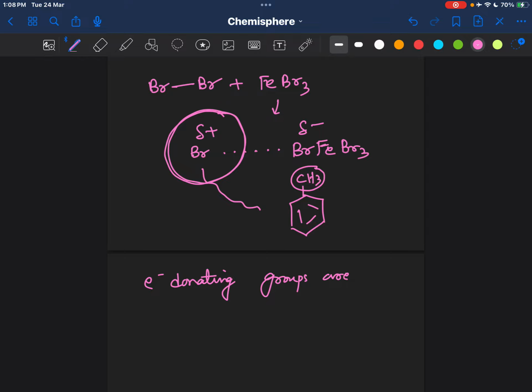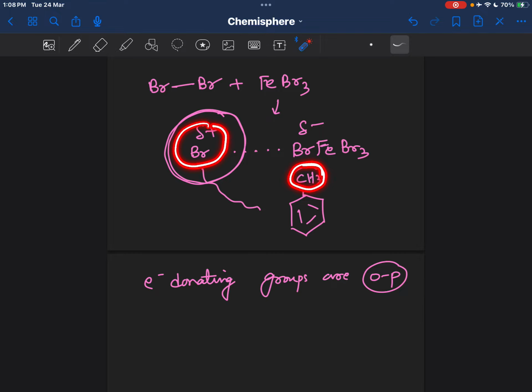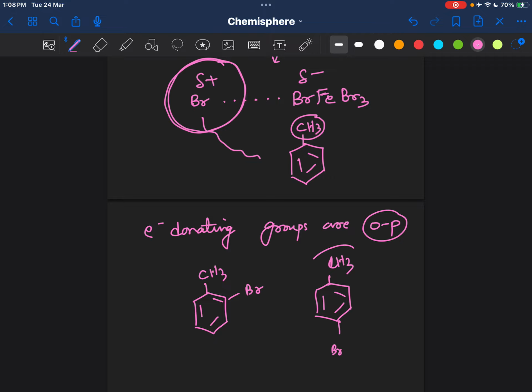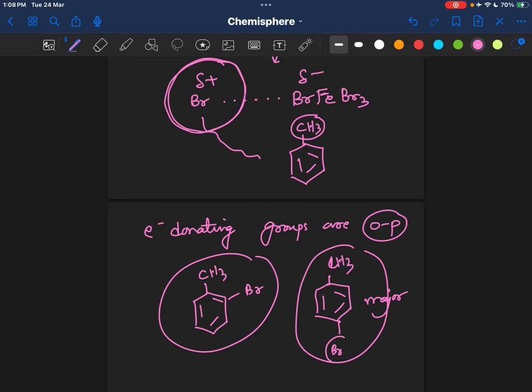That means this R group directs the Br plus into the ortho and para positions. So the products that we are going to get are CH3 Br in the ortho position and CH3 Br in the para position, right? So these are the two products that we are going to get. Obviously the para is the major one because of less steric hindrance.